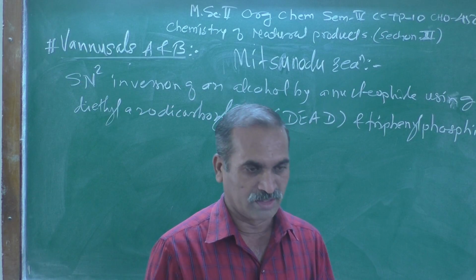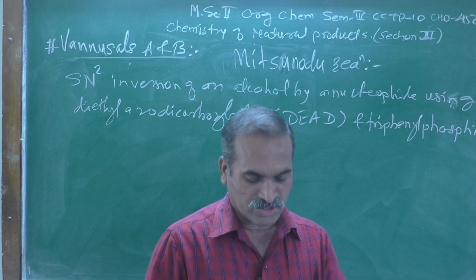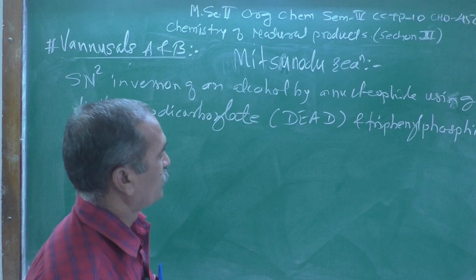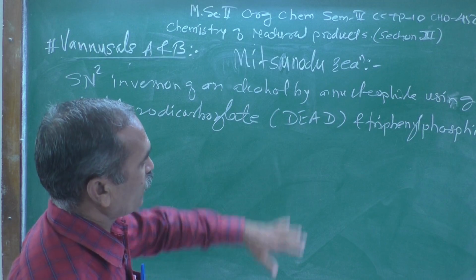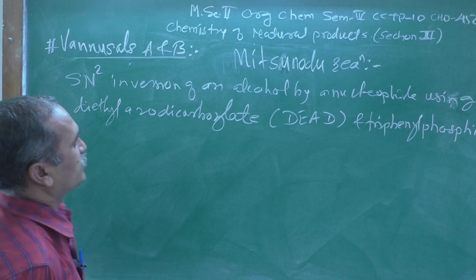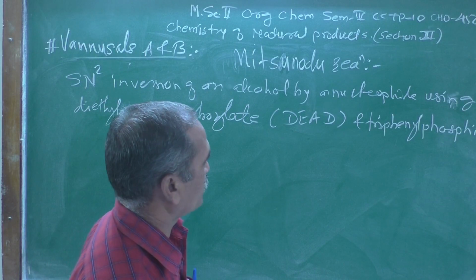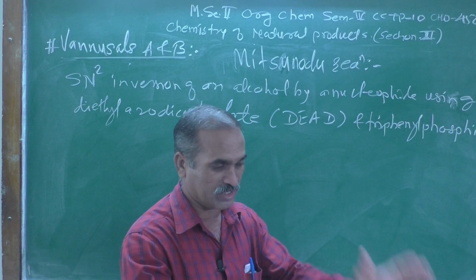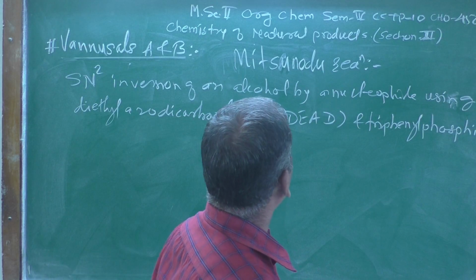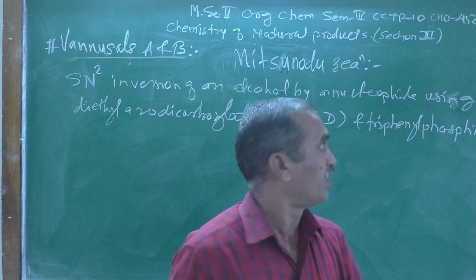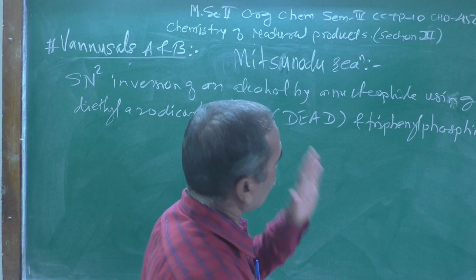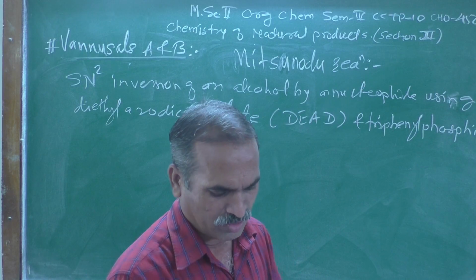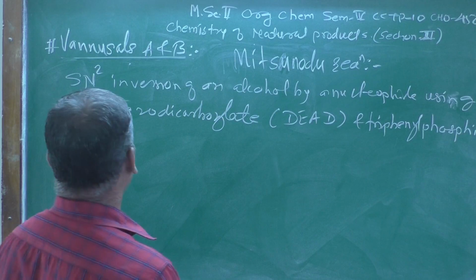So that type of reaction is known as inversion. So inversion of an alcohol by a nucleophile using diethyl azodicarboxylate, shortly known as DEAD, and triphenylphosphine, these types of reaction are known as the Mitsunobu reaction. Let's see the general reaction for it. How is the general reaction?